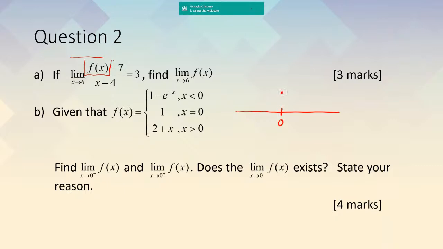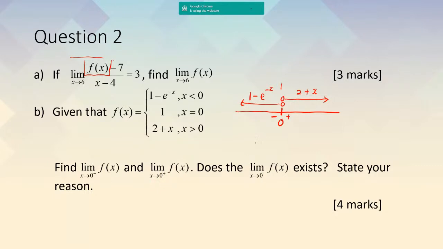When x equals 0, the function is 1. For x greater than 0, the function is 2 plus x. And for x less than 0, the function is 1 minus e to the negative x. Then state here 0 from the right and 0 from the left. Now we need to find the limit of f(x) as x approaches 0 from the left and as x approaches 0 from the right.